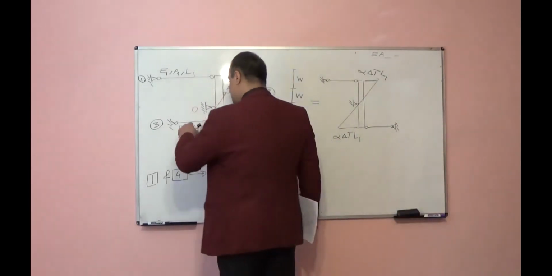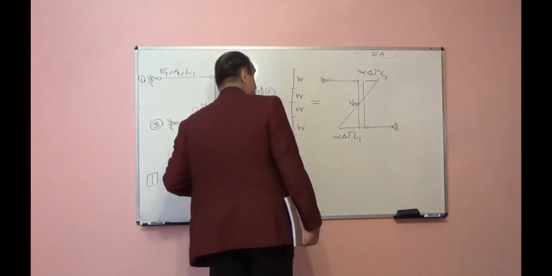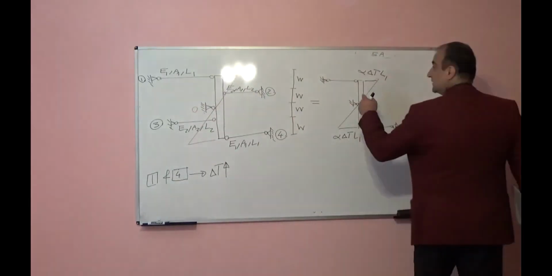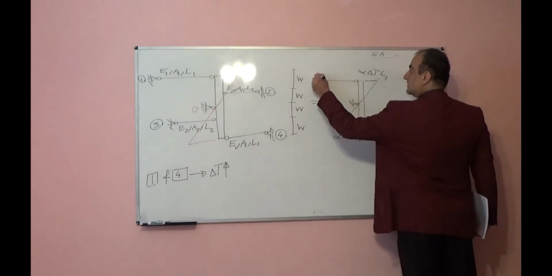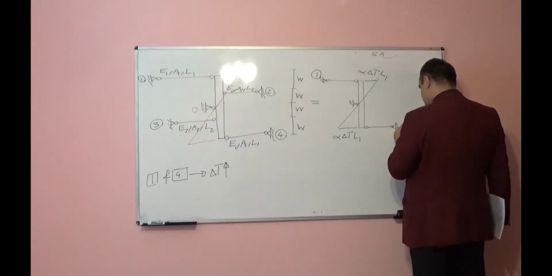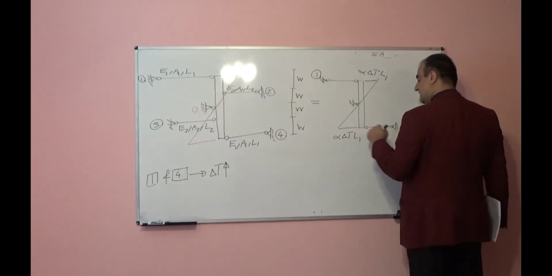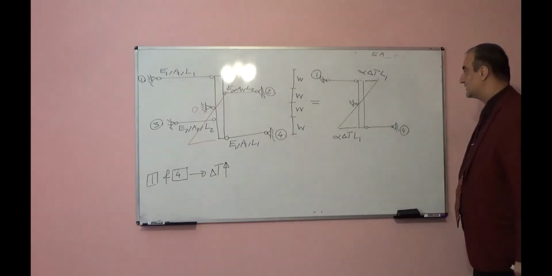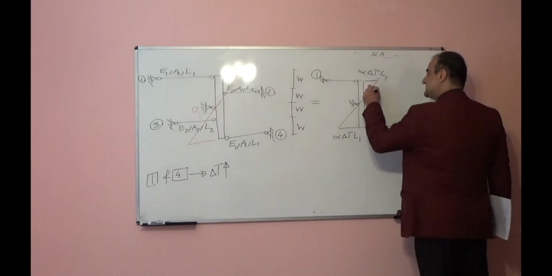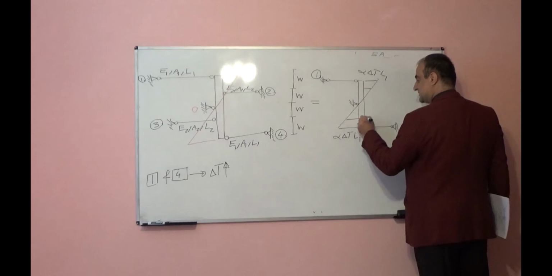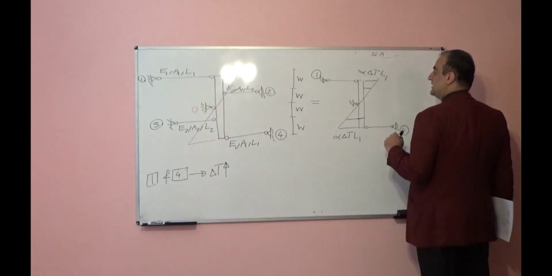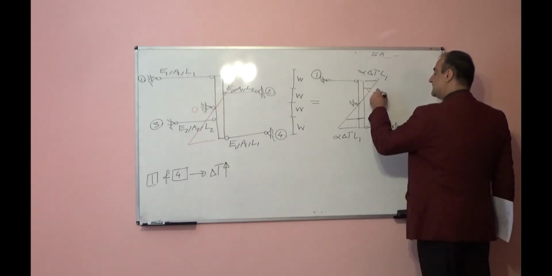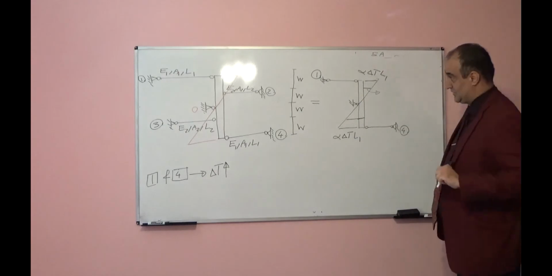But in reality we have these two members. If rods number 1 and 4 expand alpha delta T L1, in that case here and here we have deformation, and we can find it. How much is that deformation?